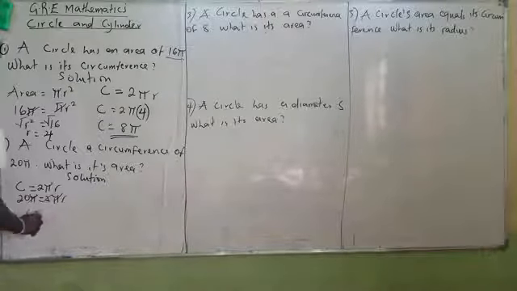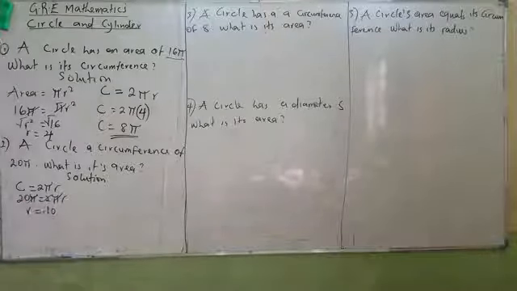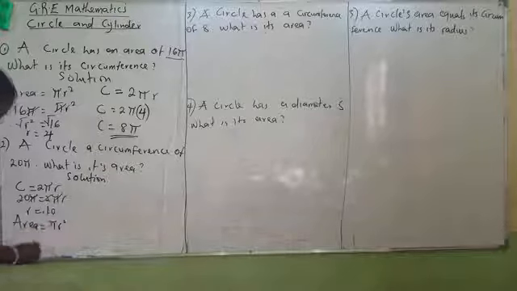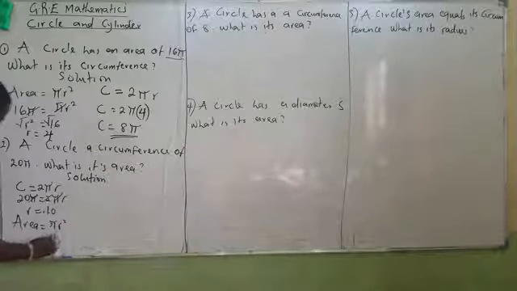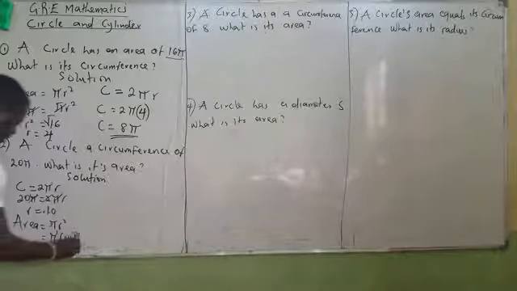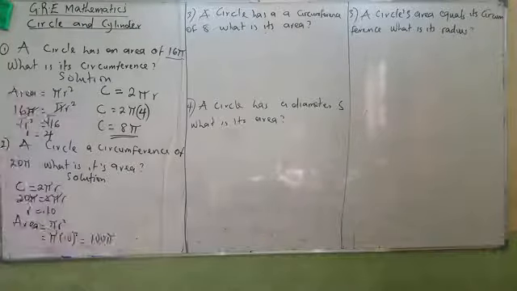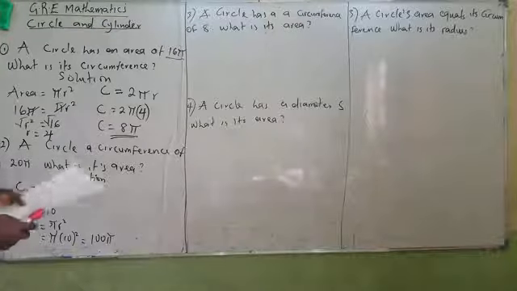Now, my r equals 10. Since my r equals 10, I will now move on by saying my area equals pi r squared. It means I'll have pi times 10 squared, which implies 100 pi. That is my answer.